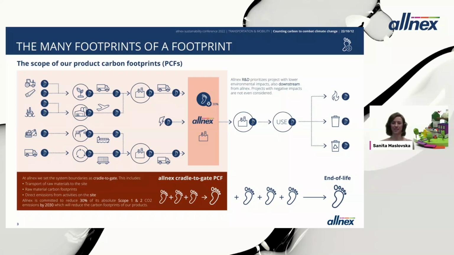There is life after allnex, but there's a very good practical reason why we report cradle to gate. It's because, first of all, anything that happens downstream from us, we can only make assumptions about that. So it's the player right after us that will know best exactly what will happen to that material after the allnex gate.